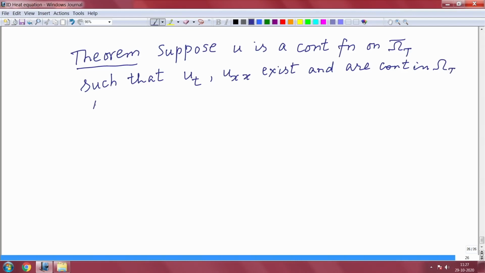Then the following hold. There are three statements, conclusions.